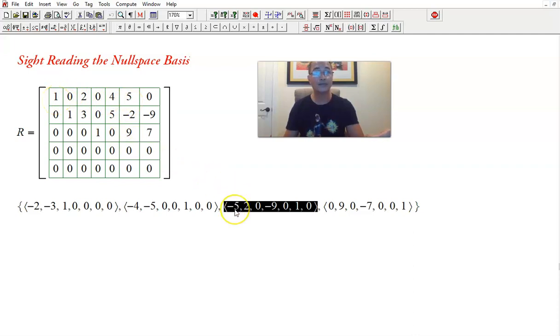So that's why -5 is in the first component. -2, the leading one is in the 2nd column. So you have +2 in the second component. 9, the leading one is in the fourth column. So that's -9 in the fourth component.